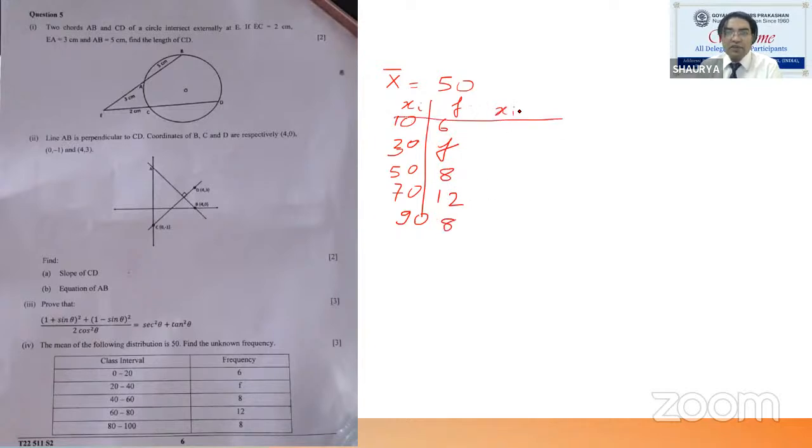So again we can use the direct method. 10 into 6 is 60, this is 30 into f is 30f, 8 5s are 400, 12 7s are 84 into 10, 840, and 9 8s is 720. So barring this 30f, we can add the remaining terms. Just a minute, I did something.